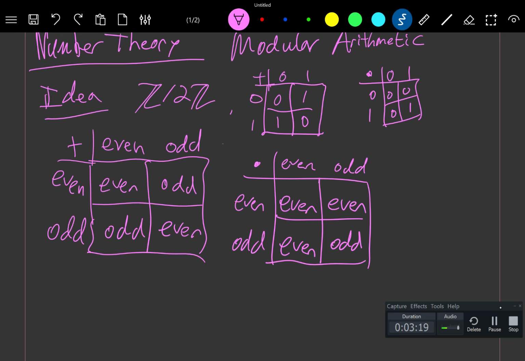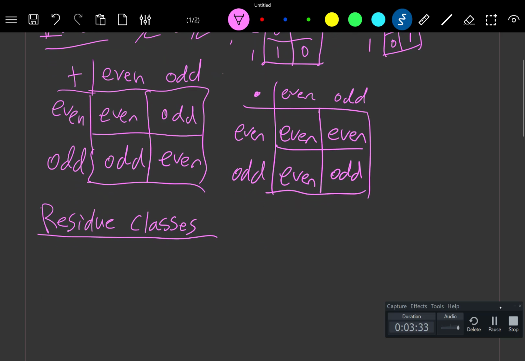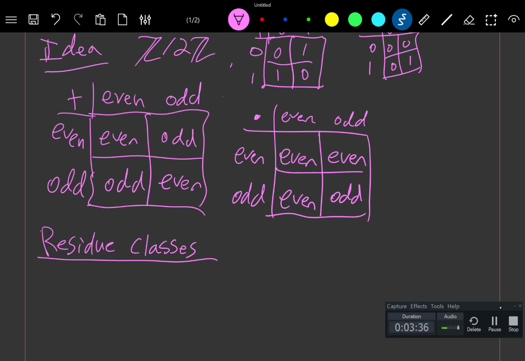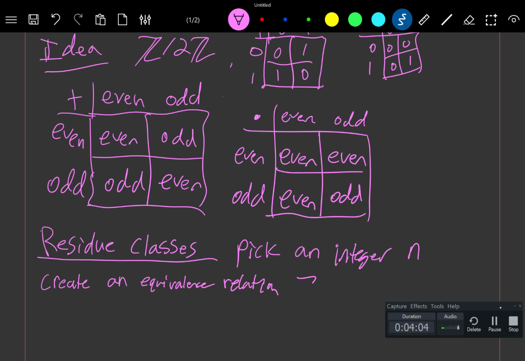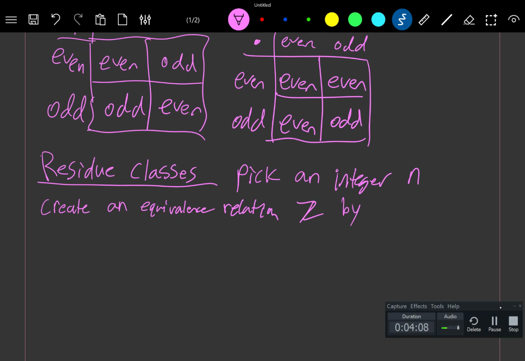And we'll actually view this as so-called residue classes. The idea is we pick an integer n, in this case it's 2, and we create an equivalence relation on the integers by a is equivalent to b if n divides a minus b.